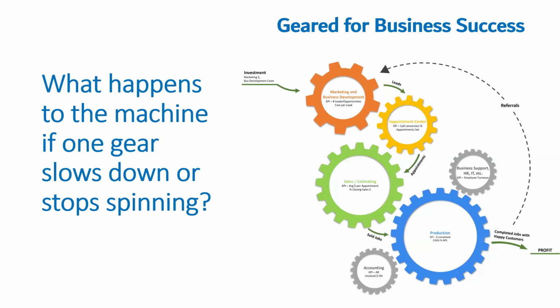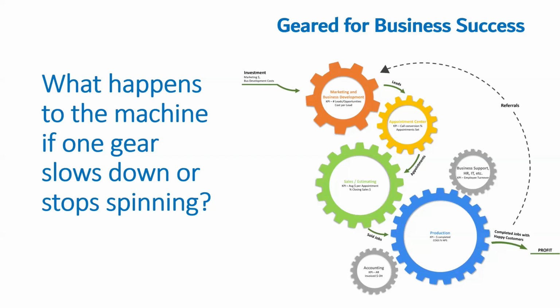Well, that gear would slow down for sure. But when that gear slows down, it causes others to slow, because then they aren't sending in as many appointments to the next gear, to the people who have the opportunity to create sales. And so now we don't have as many sales. And then when we don't have as many sales, we don't have as much to produce.